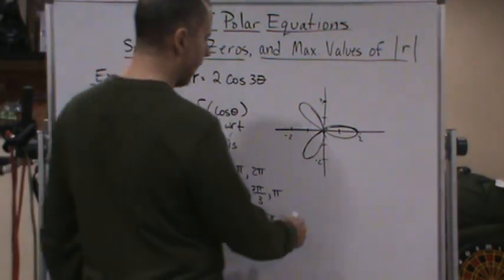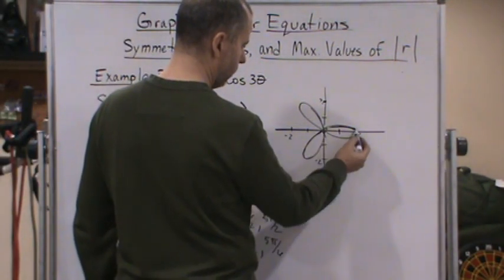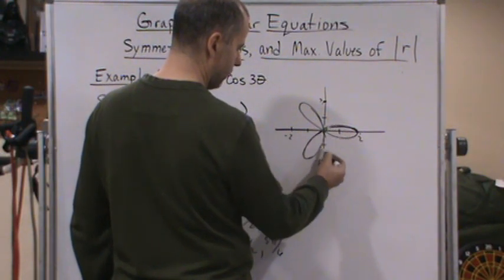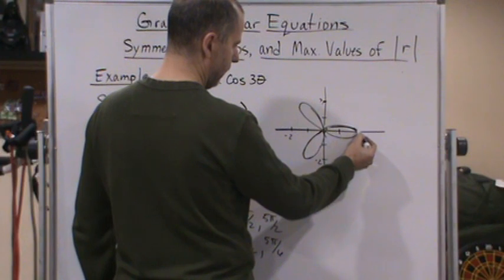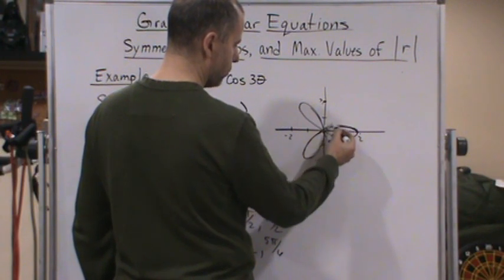So from 0 to pi, this is what we have. It goes like this. And then if we go from 0 to 2 pi, it's going to trace it twice.